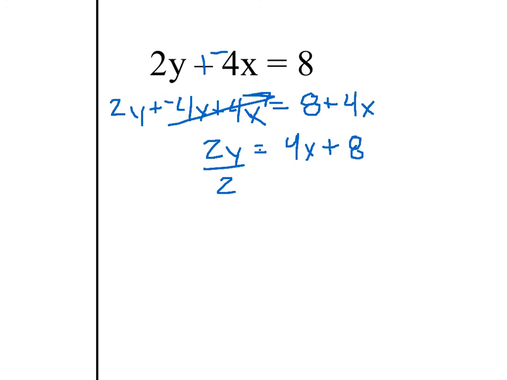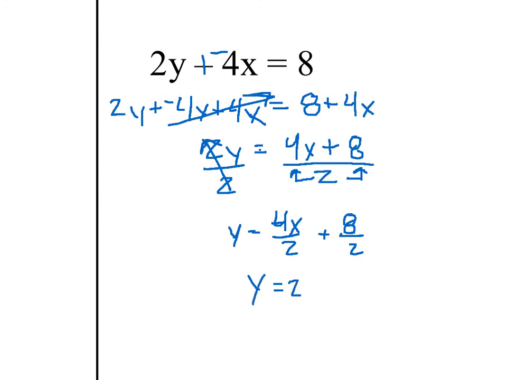Again, being reminded, when we divide this side by 2, there are two terms. Both have to be divided by 2. It's like the distributive property. In fact, it is the distributive property. So that's 4x divided by 2 plus 8 divided by 2 gives me y equals 2x plus 4.